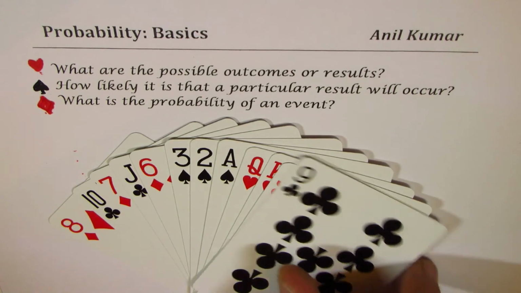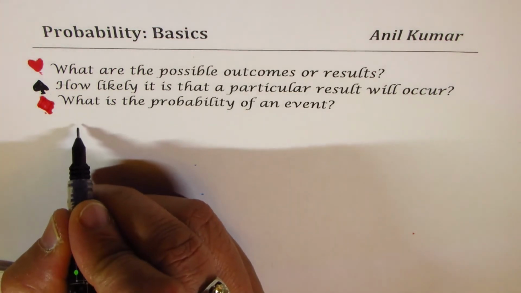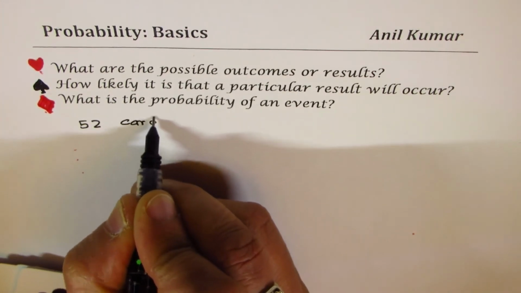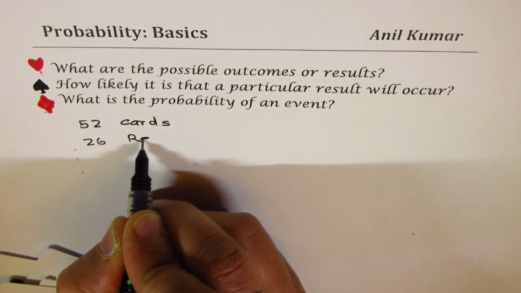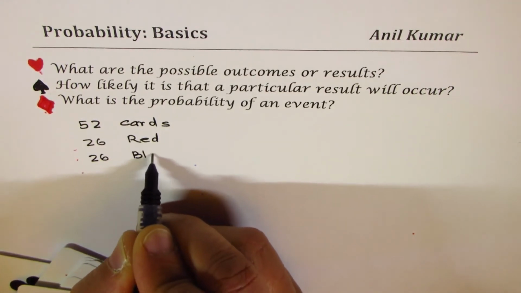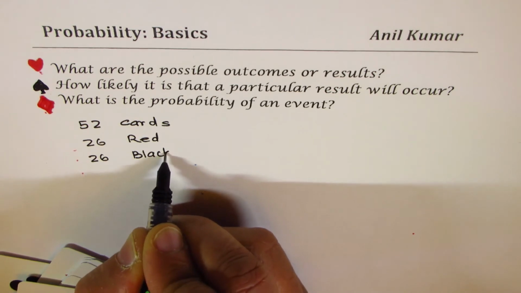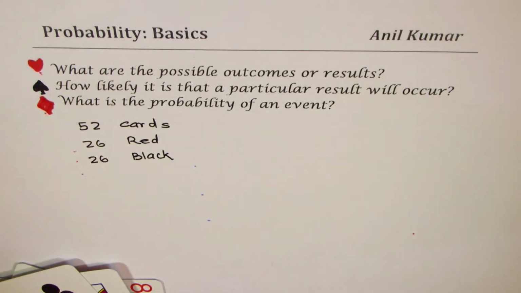So we are going to play with these cards. Now let me give you some idea about playing cards. We normally have 52 cards, right? Out of these 52, 26 are red cards and 26 are black cards. Now the red cards are of 2 types.